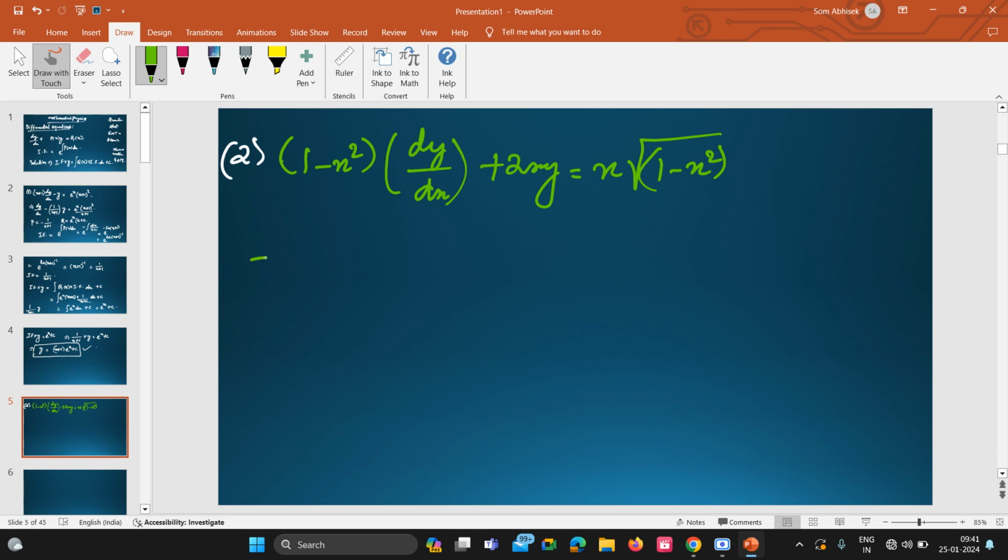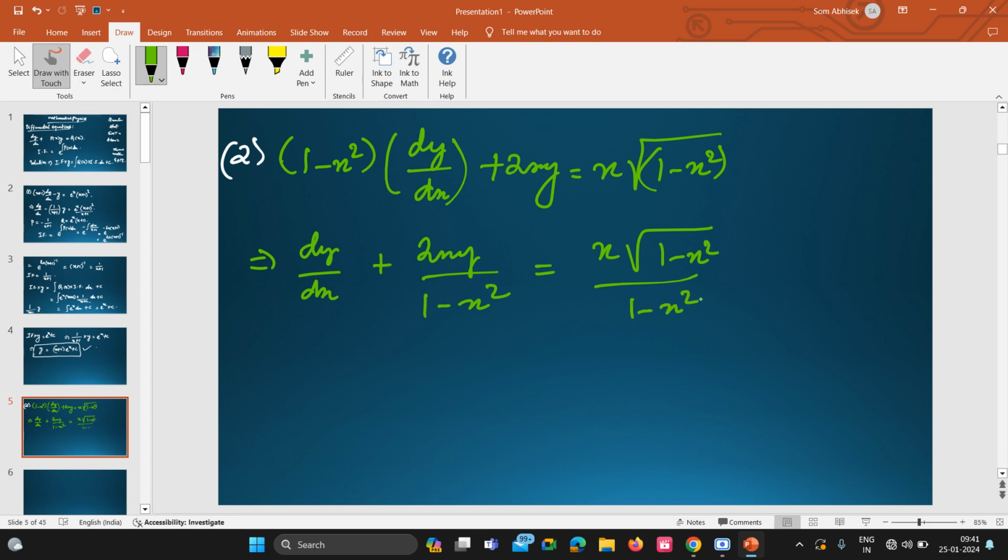First of all, again take it to the general form. dy by dx plus 2xy divided by 1 minus x square is equal to x root over of 1 minus x square divided by 1 minus x square. So dy by dx plus 2xy by (1 minus x square) is equal to x by root over of 1 minus x square.